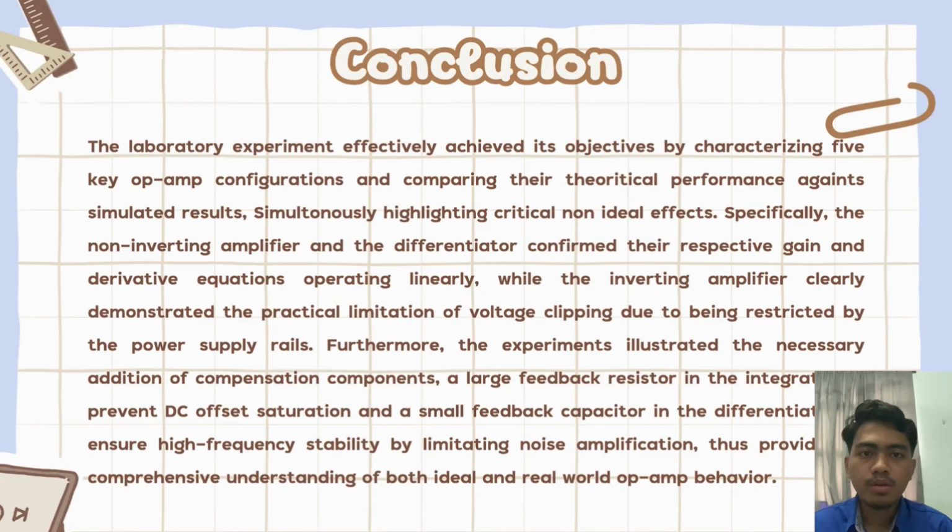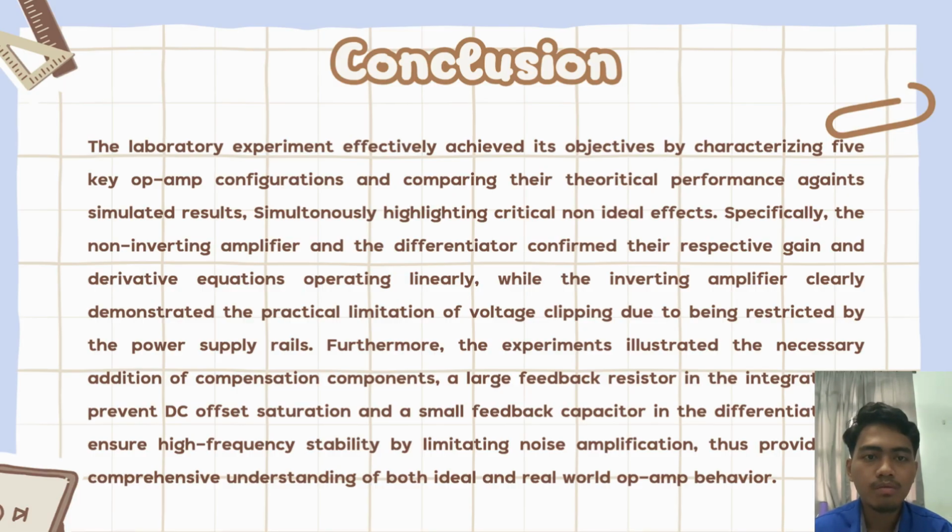For the conclusion, the laboratory experiment effectively achieved its objective by characterizing 5 key operational amplifier configurations and comparing their theoretical performance against simulated results, simultaneously highlighting critical non-ideal effects.